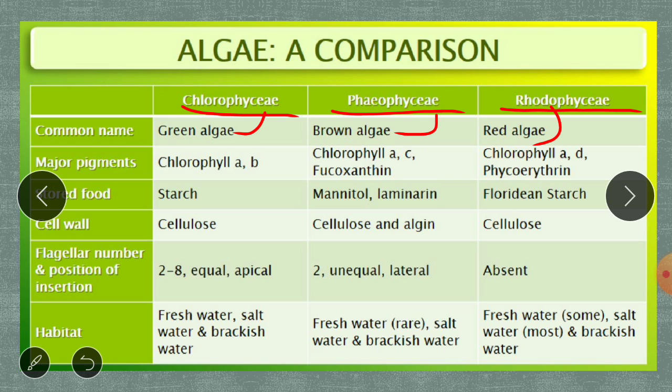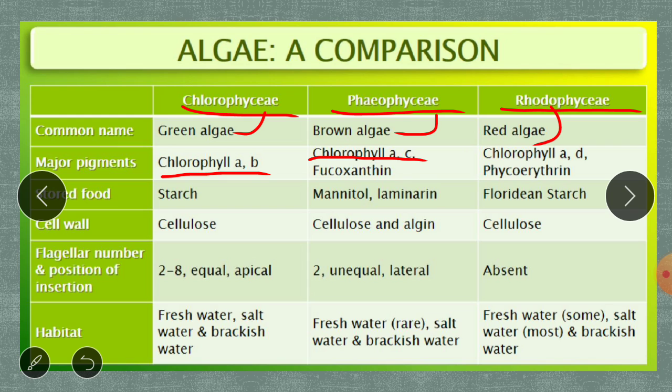Coming to the major pigments present in the three classes, the major pigments present in the Chlorophyceae, the green algae, is chlorophyll A and B, because of which it is green in color. In Phaeophyceae, the chlorophyll A and C are present.